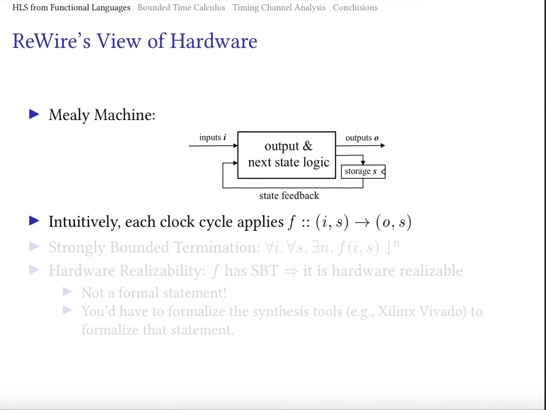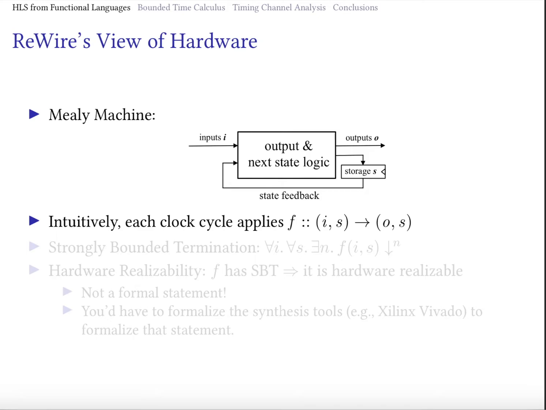And this happens at every clock tick. You can think of that as abstractly what's going on. Intuitively, you might think that what is happening is that at each clock cycle, there's this pure function f from inputs and store to outputs and store that is being executed.